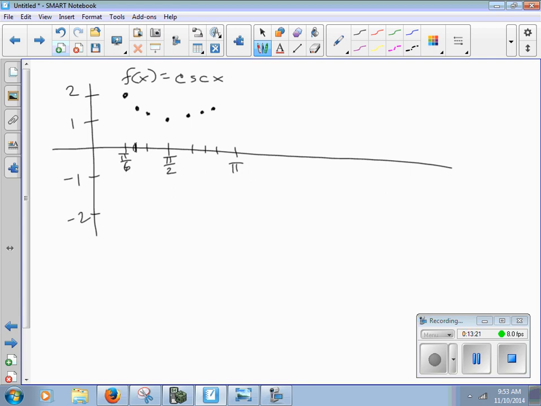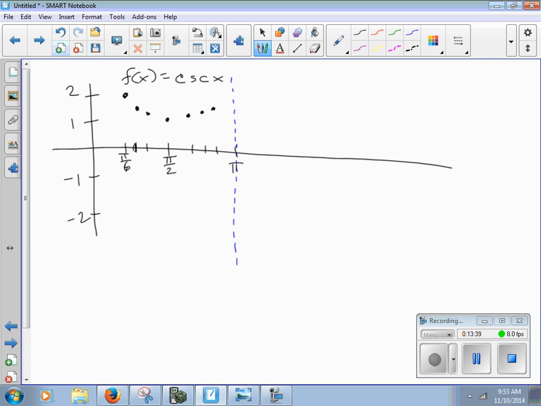I just put an asymptote there, and I can't draw the curve. It's not going to cross that pi. So you need to draw a vertical asymptote there, and it needs to go all the way to the bottom of your graph.